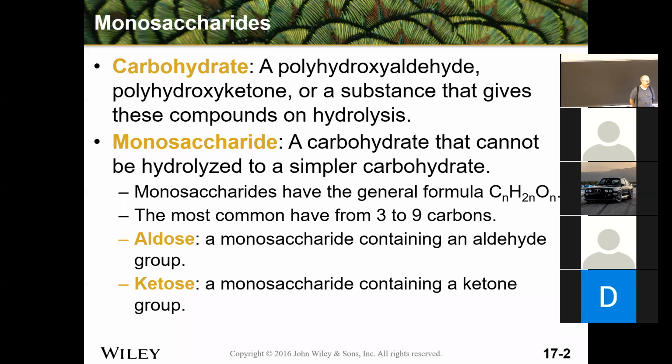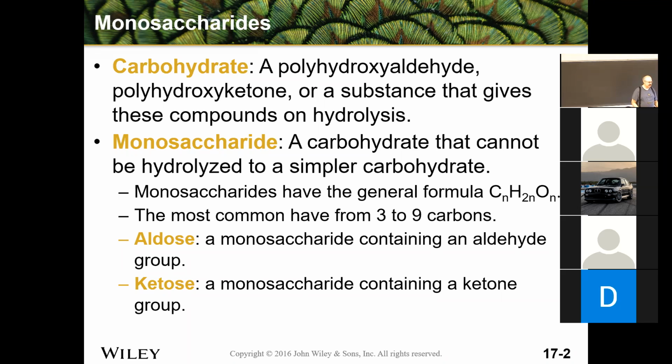A carbohydrate is defined as a polyhydroxyaldehyde, polyhydroxyketone, or a substance that gives these compounds on hydrolysis. So a polyhydroxyaldehyde or ketone means that you have an aldehyde or ketone functional group, and all of the other carbons will contain an alcohol.